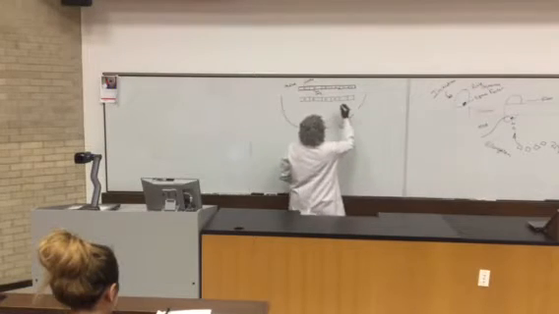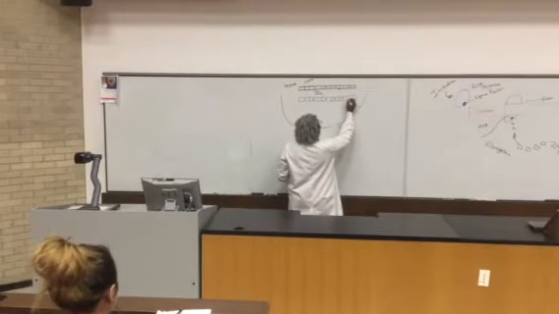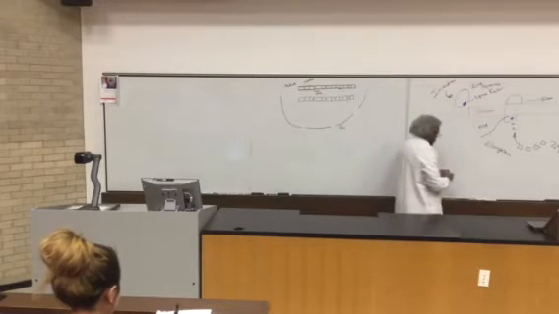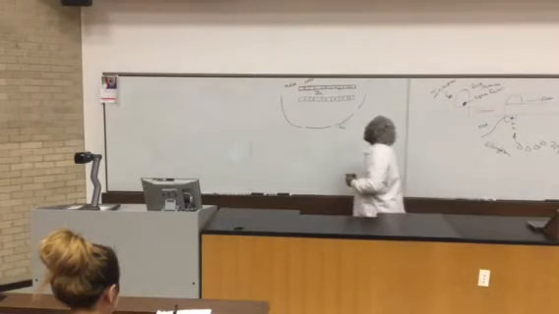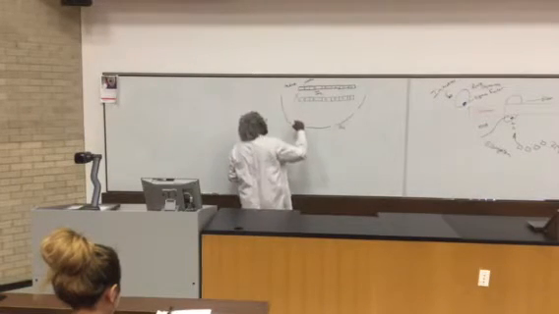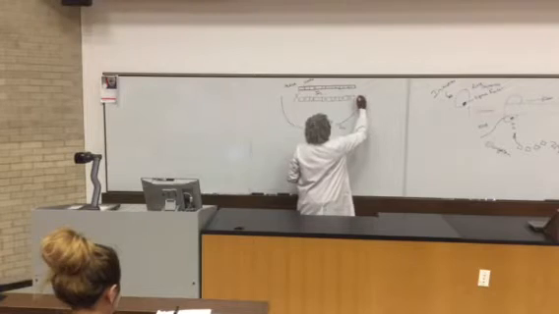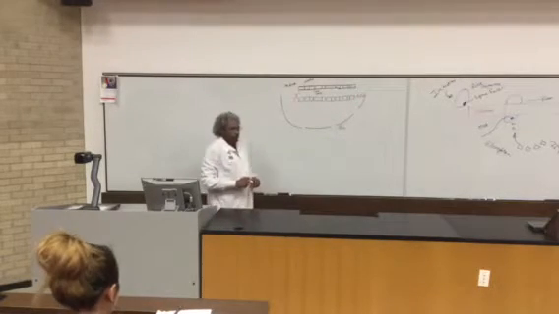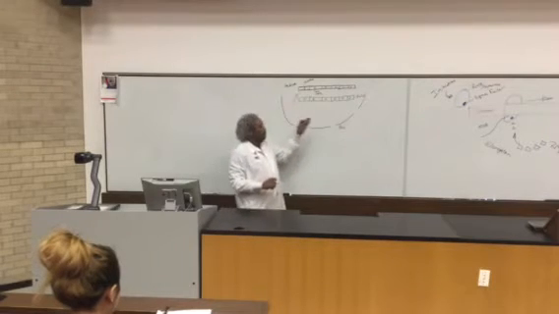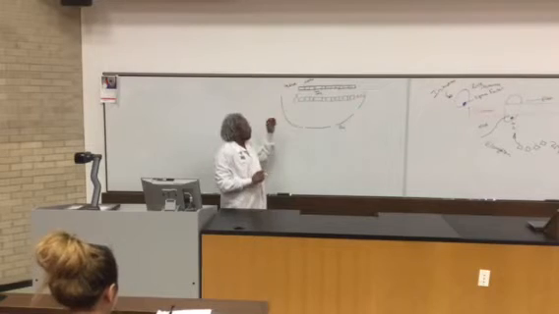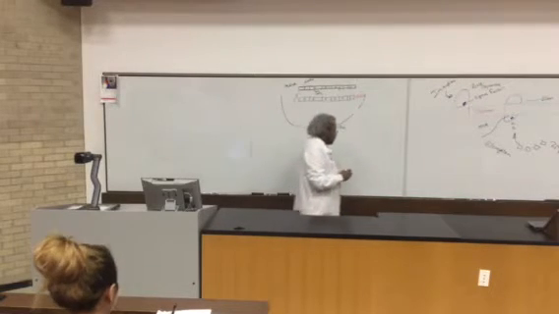Before splicing happens, you have a 5' cap and a poly A tail. That has to be attached to it, right? The 5' cap and a poly A tail have to be attached. So now, what happens next?